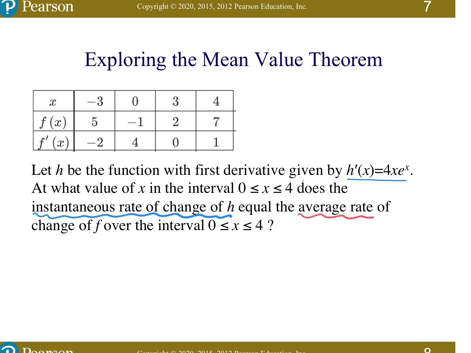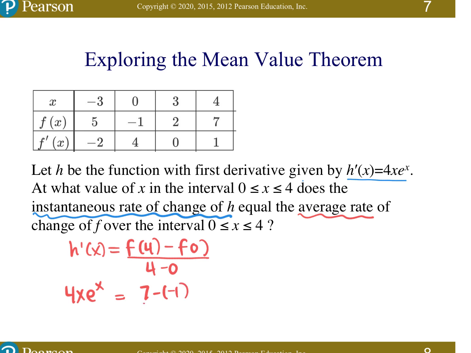So the instantaneous rate of change of h, that's h prime of x, does that equal the average rate of change, that's f of 4 minus f of 0 over 4 minus 0? So will 4x e to the x equal, and then we get f of 4, so 7 minus negative 1 over 4 minus 0.